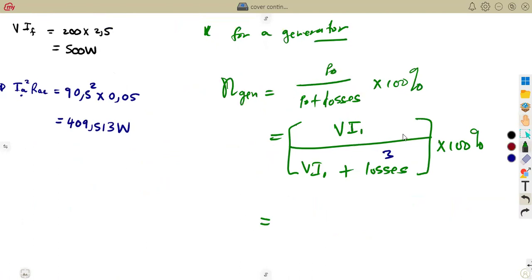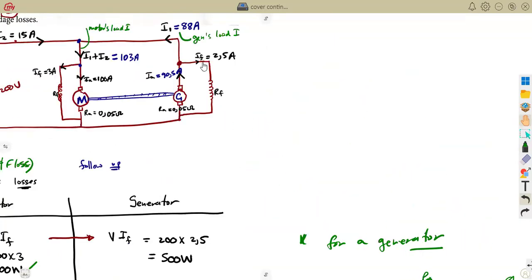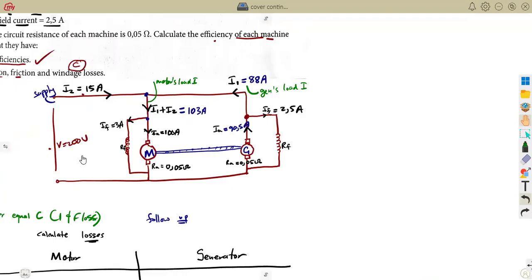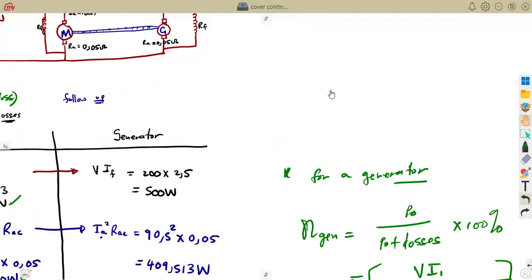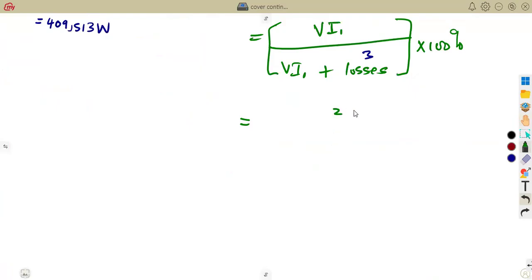That's for the generator. Voltage times load current, remember, that is on our diagram. The load current of the generator is 88. Voltage is 200. So that's 200 times 88, everything over what?